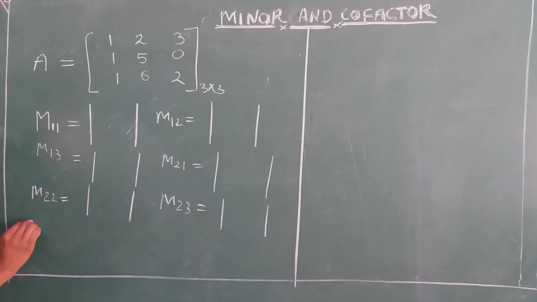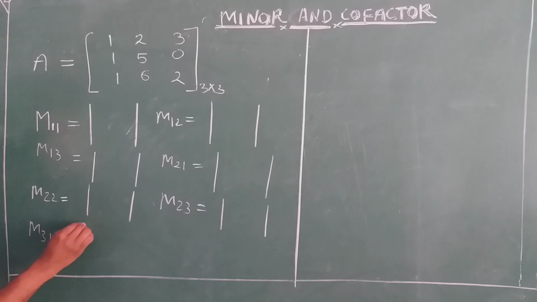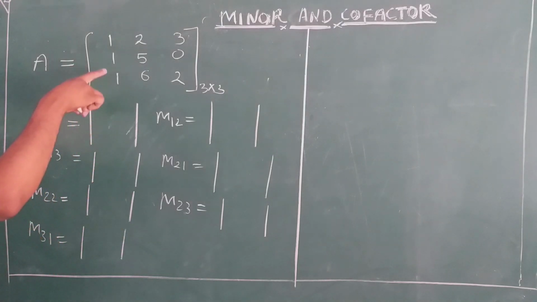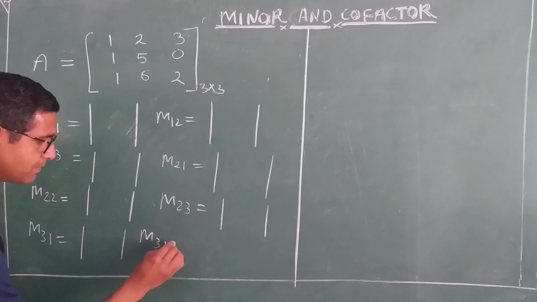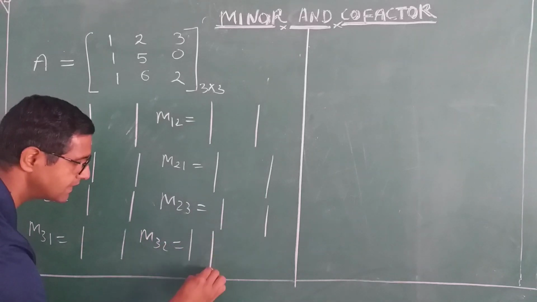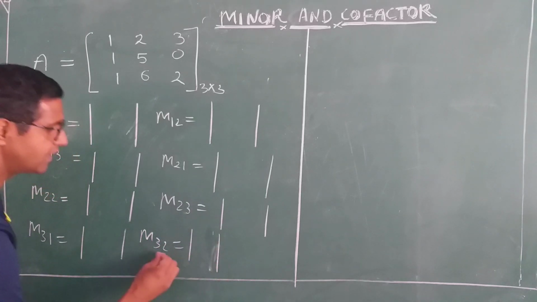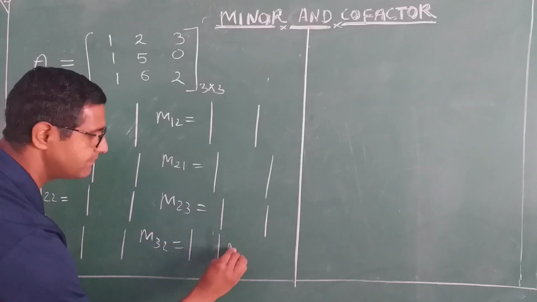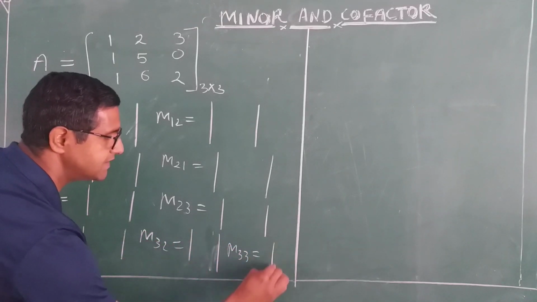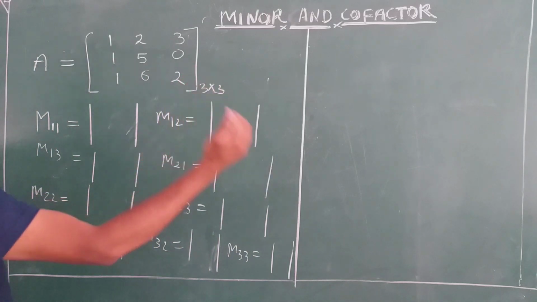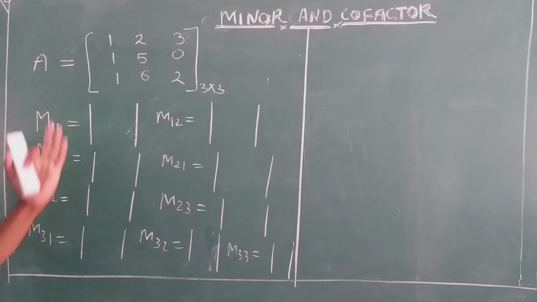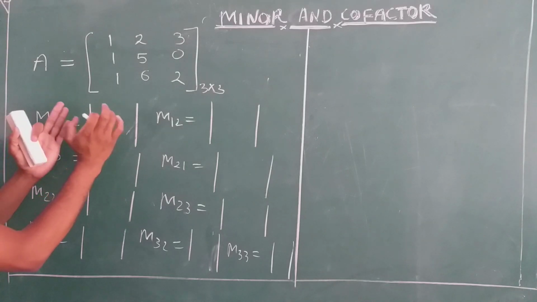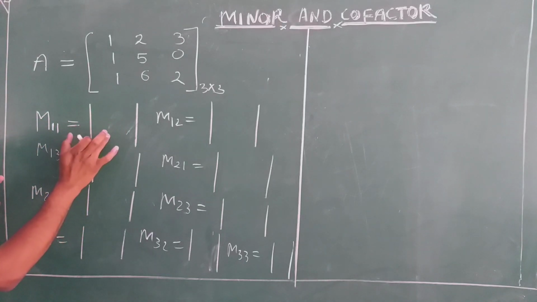Now M31 is the minor in respect of third row and first column, M32 in respect of third row and second column, and M33 in respect of third row and third column. But the question arises here, how will I fill this?